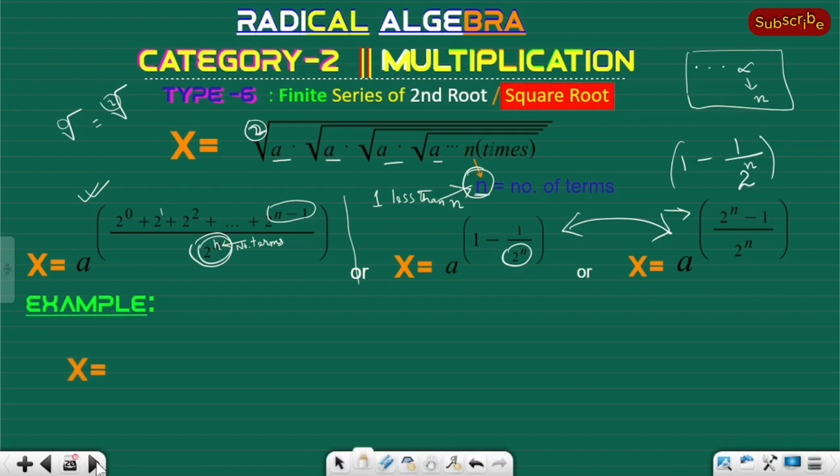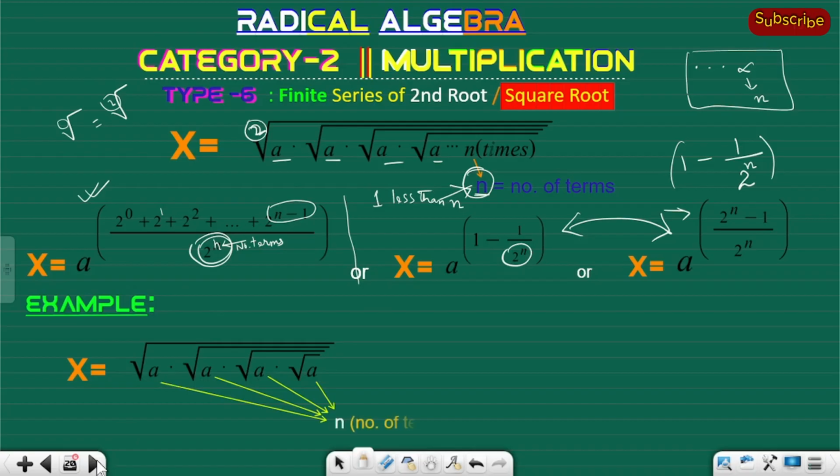Example. Through an example, you will understand. Here, see how many terms? 1, 2, 3, 4. N equal to 4. So x equal to A. Here the base is A, so it is A over 1 minus 1 by 2 to the power 4. The number of terms is 4, right?